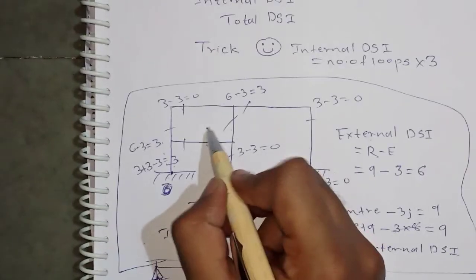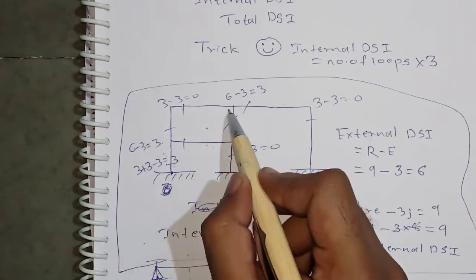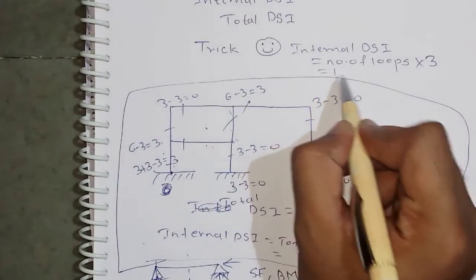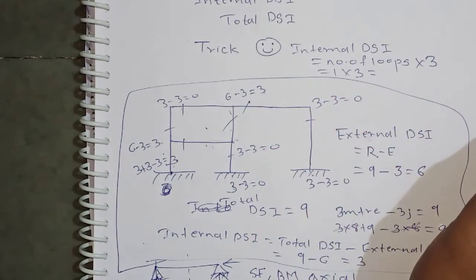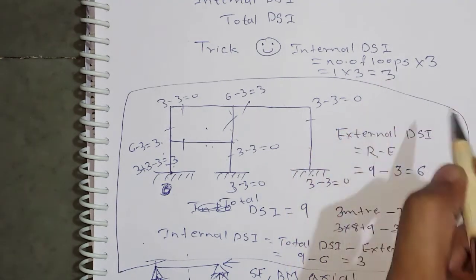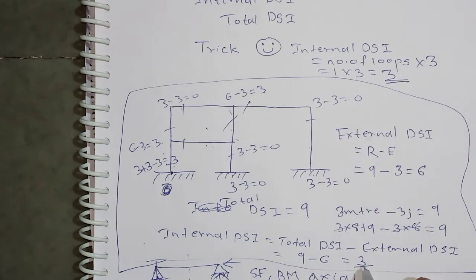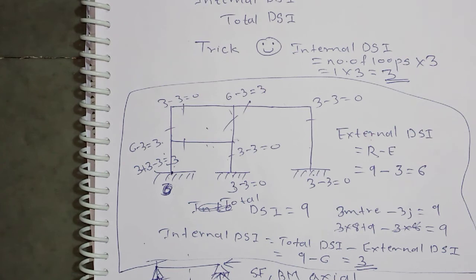So here in this case there is only one complete loop, so 1 into 3, which is equal to 3. So you can use any of the following methods to calculate the internal DSI or external DSI of the frame structure. And in beams, the internal DSI is equal to 0, so total DSI is equal to external DSI.